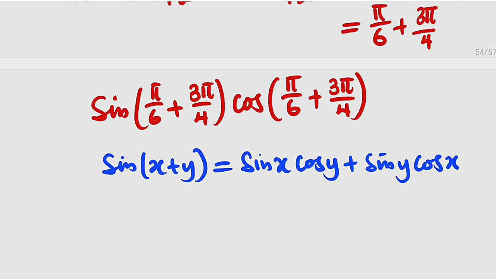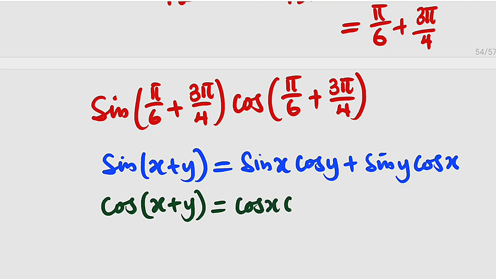And if it is cosine, for example, if we have cosine of x plus y, this is equal to cosine of x multiplied by cosine of y. Then instead of plus, we have minus sine of x multiplied by sine of y. So this is how to expand sine and cosine of a sum.